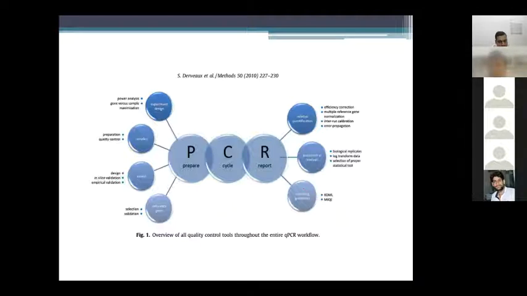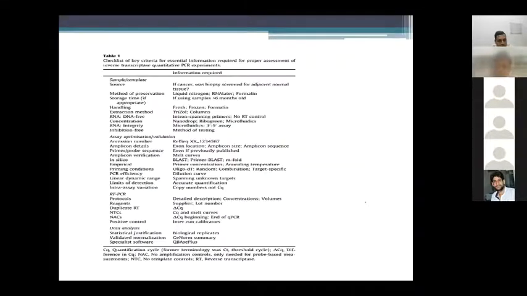During reporting, you follow the MIQE guidelines so that there is no confusion, and they are globally accepted guidelines. Before starting your protocol or experiment, you prepare a checklist and collect the information required for the different reactions and steps. Already I have told you the different steps.